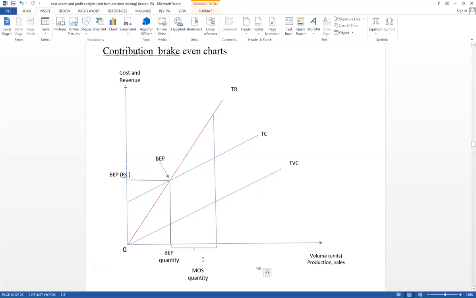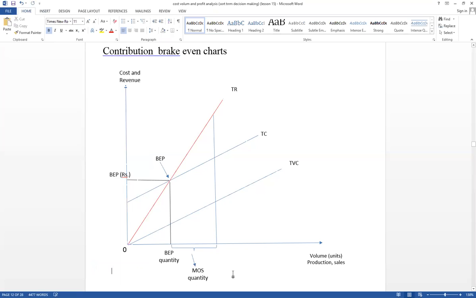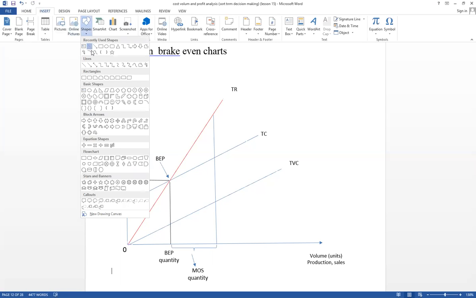As well as think about margin of safety value, beyond the BEP. This is the expected sales value. Expected sales value minus break-even point value. Therefore, margin of safety value.